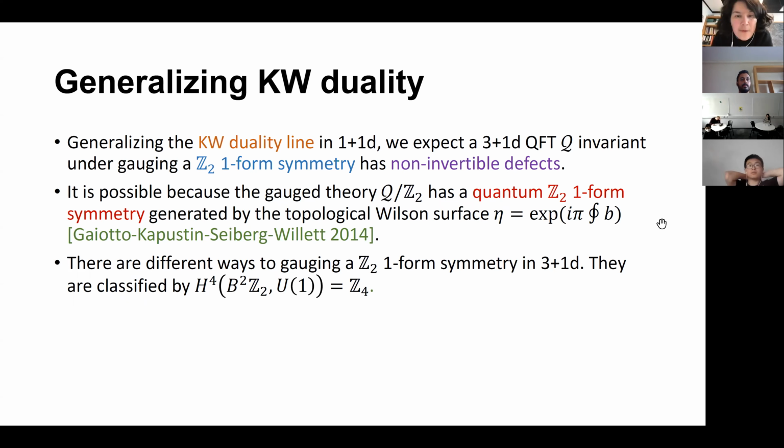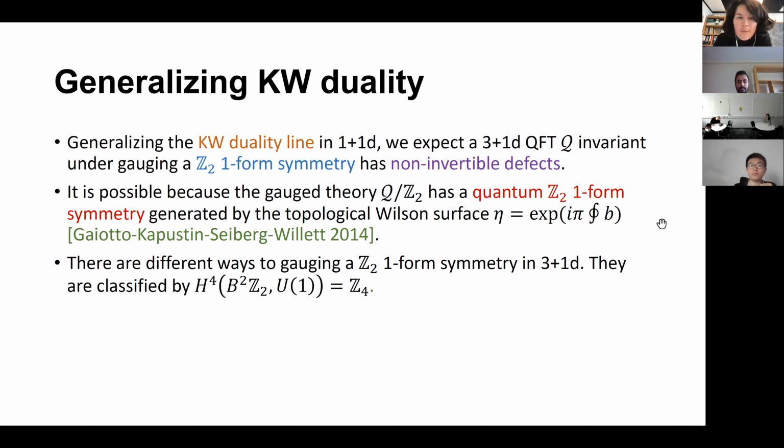The idea behind duality and triality defects is that we want to generalize the story about Kramers-Wannier duality in 1+1d to higher dimensions. In 1+1d, we know that if a theory is invariant under gauging, which means the theory has a Kramers-Wannier duality, it has non-invertible lines. A similar story should work in higher dimensions.